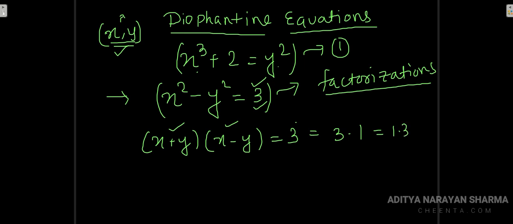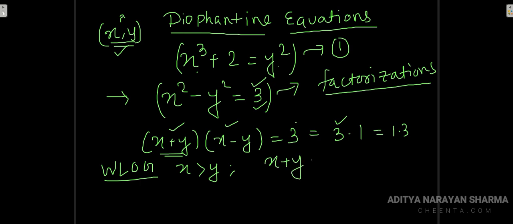If we assume without loss of generality, which we call WLOG, that x is greater than y, then between these two expressions x plus y is the greater one, and thus x plus y must equal 3. That gives us x plus y equals 3, and x minus y equals 1.